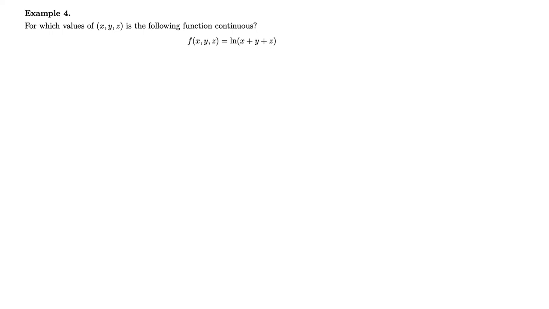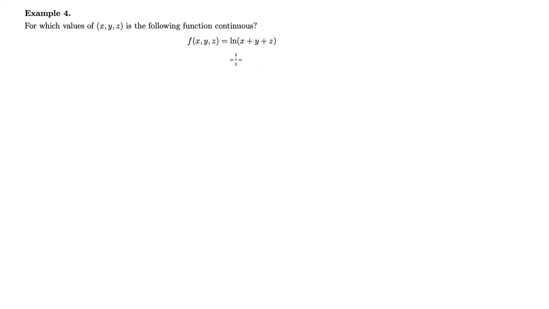Okay, so let's see what's happening here. We have a function, natural log of x plus y plus z. x plus y plus z is continuous. Log is continuous. So the composition of continuous functions will also be continuous wherever that function is defined.